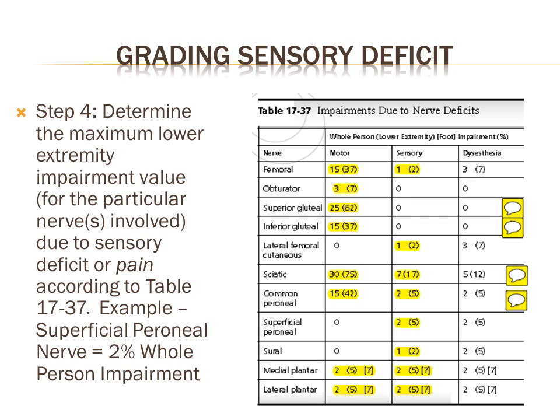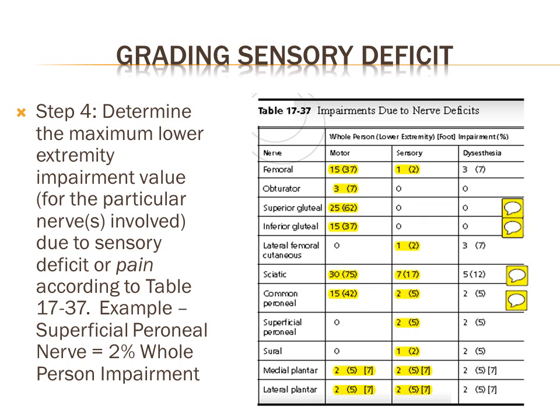So for example, the superficial peroneal nerve, if you had a complete loss of sensory function of the superficial peroneal nerve, that qualifies for 2% whole person impairment. Why would that be? Because that would involve either complete loss of sensation or severe pain in the top of the foot that prevents many activities of daily living.